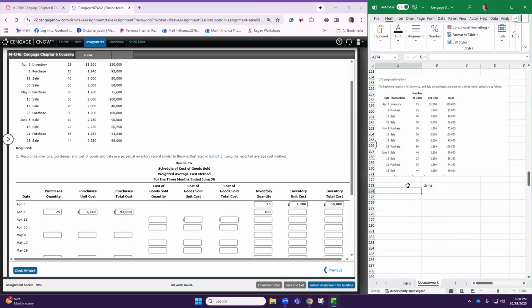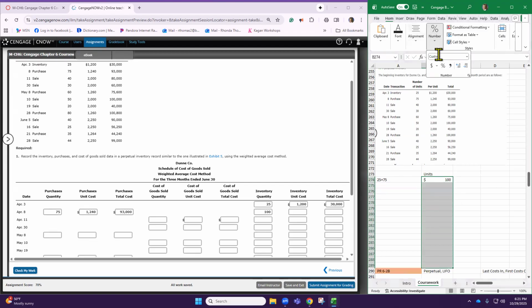Okay, I'm going to put the calculation in. So 25 plus 75 is 100 units. And we'll change this to just a number, just units. And then we'll use our total. So we need total dollars.